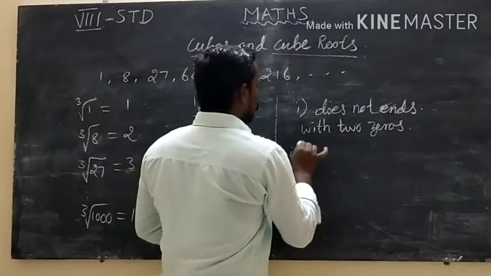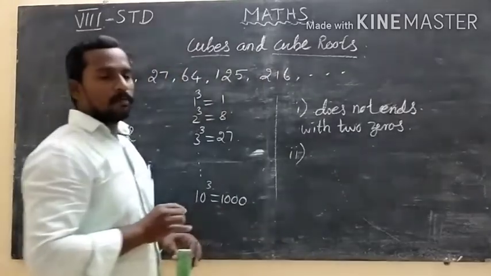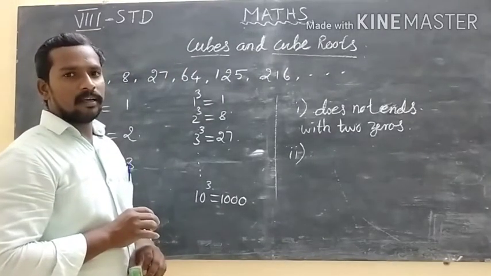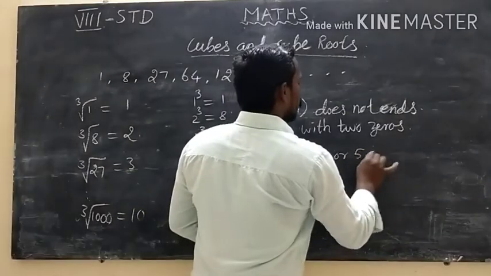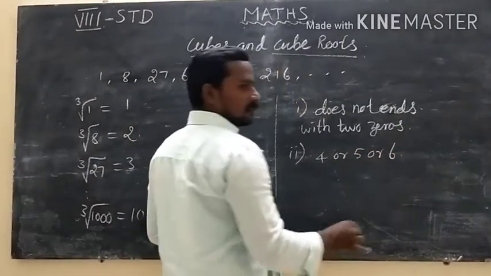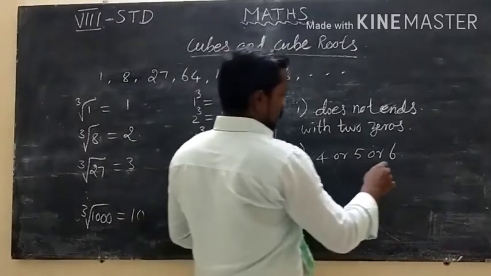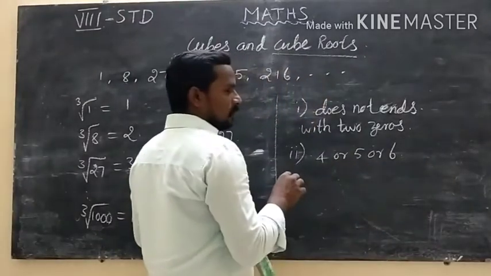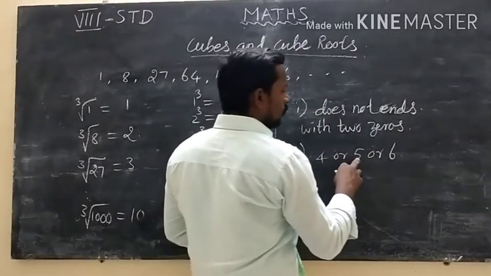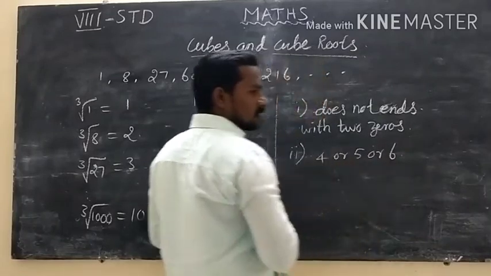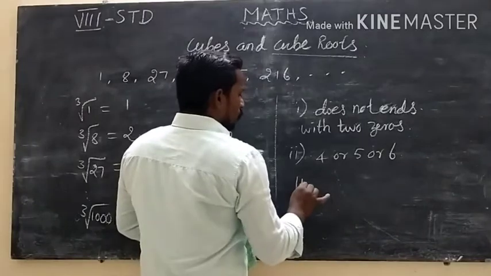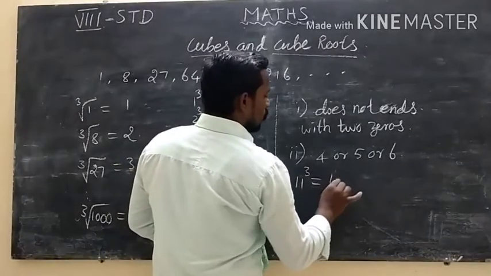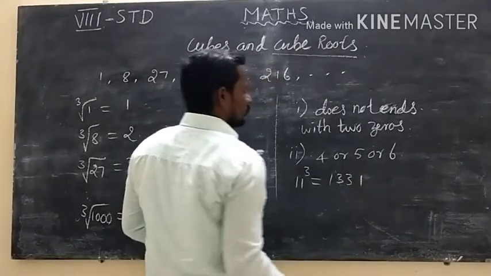Then the second one: the cube of a two-digit number has 4 or 5 or 6 digits. For example, 11 cubed equals 1331.